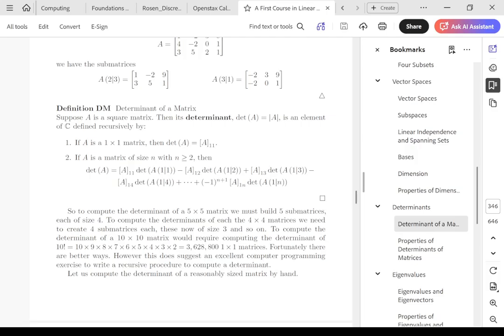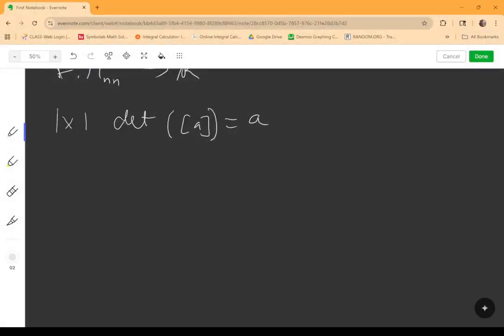So it says expand along row 1, and then you get these submatrices here. Now instead of writing the theorem down, I'll just work through an example here.